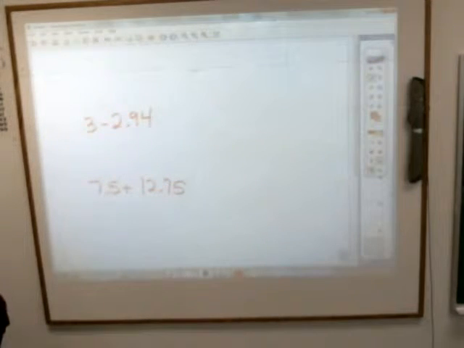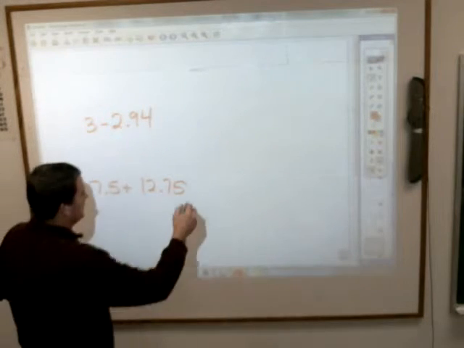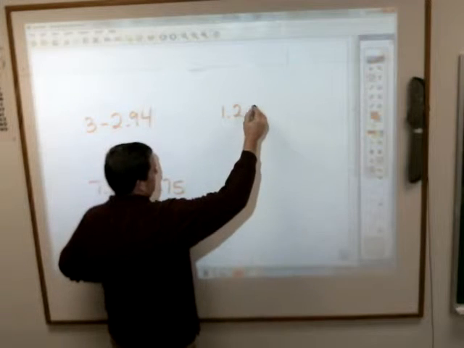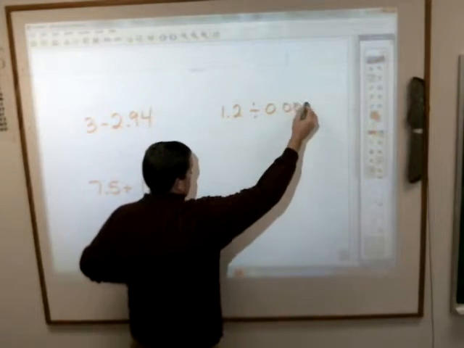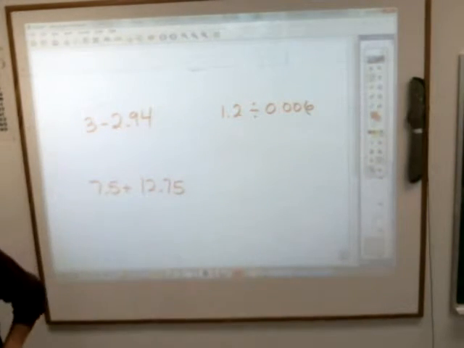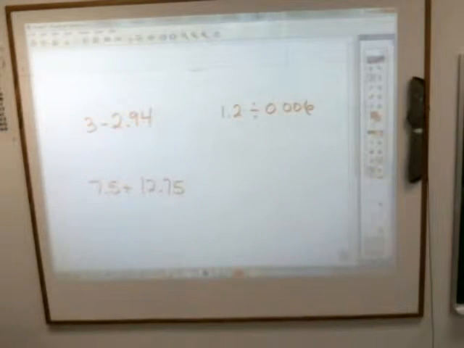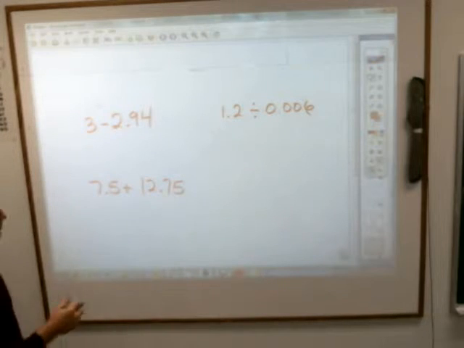Then I want you to do 1.2 divided by 0.006. And I want you to do 0.4 times 0.12.